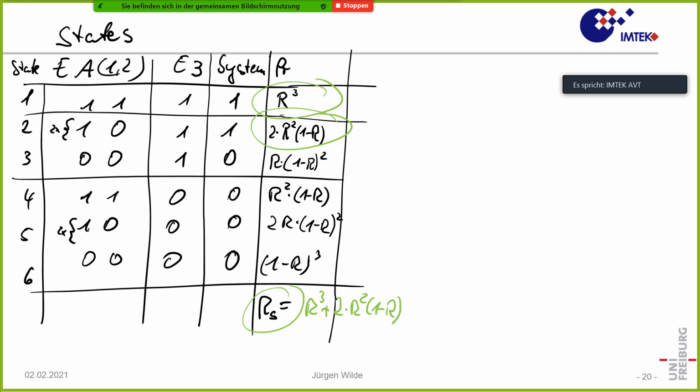That is the probability that it works. Now if you sum up all of these, we will not do it now, but if you do it, then you will find out that the sum will be 100%. Okay, that's straightforward. The probability that the system is in any state is 100%. So if the failure function and the reliability function do not sum up to 100%, then you made a mistake.